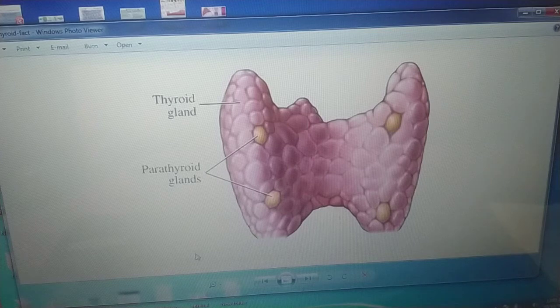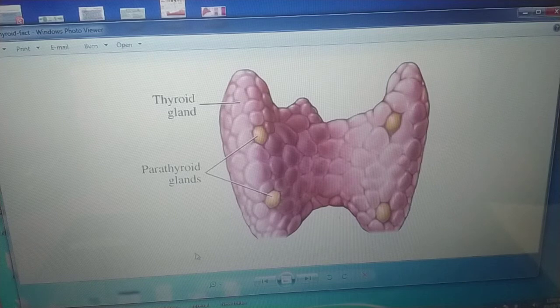It increases calcium reabsorption from the nephron and inhibits the phosphate reabsorption of the kidney. Thus we can say that parathormone regulates the metabolism of calcium and phosphate.